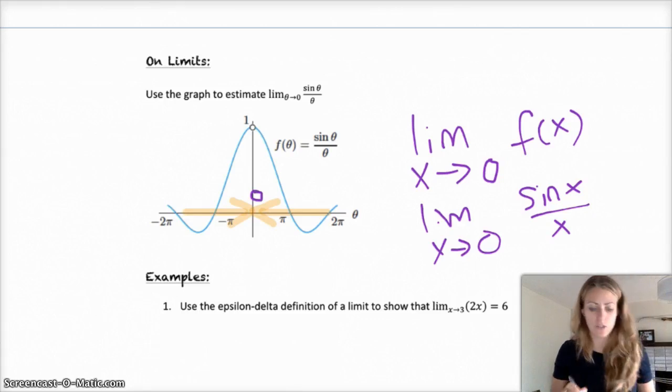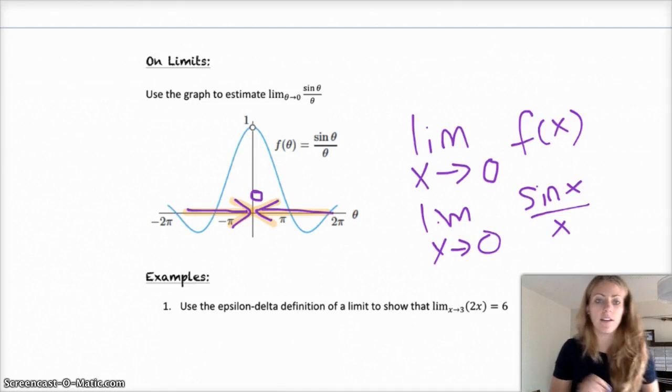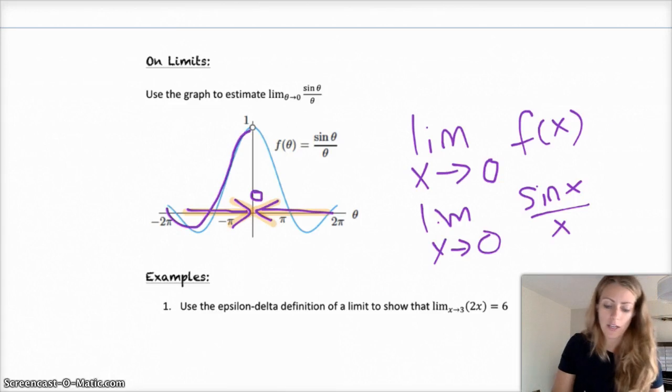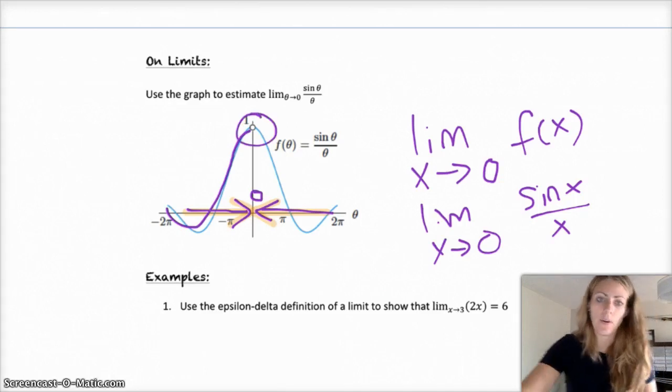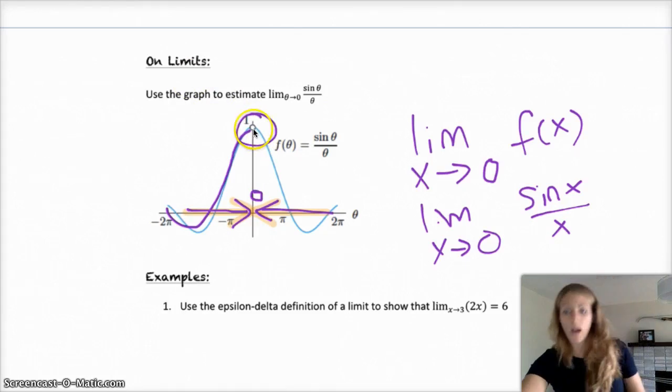So as x approaches that number, then the limit of the function is what the y value is approaching at that point. At that point, it looks like the function is approaching 1, right?